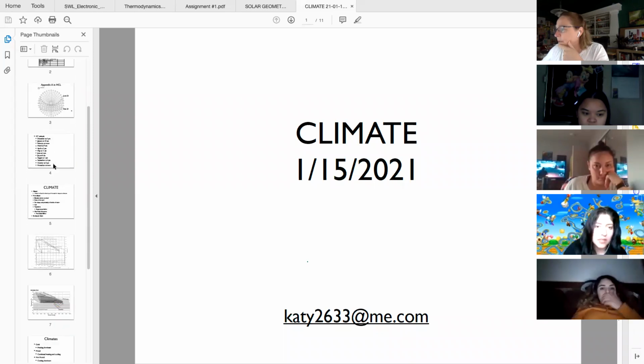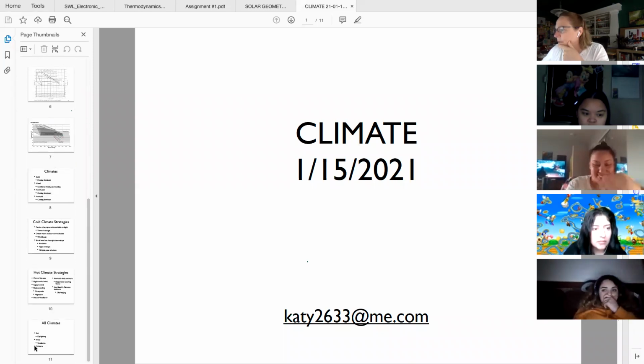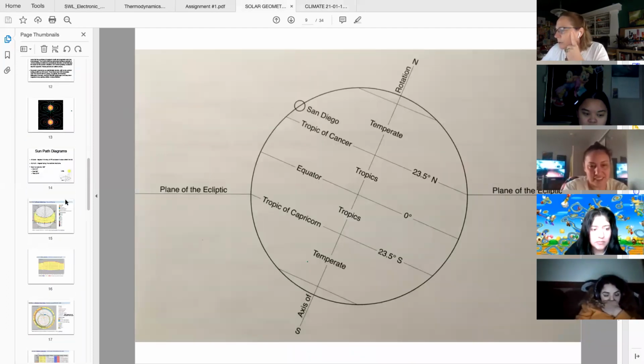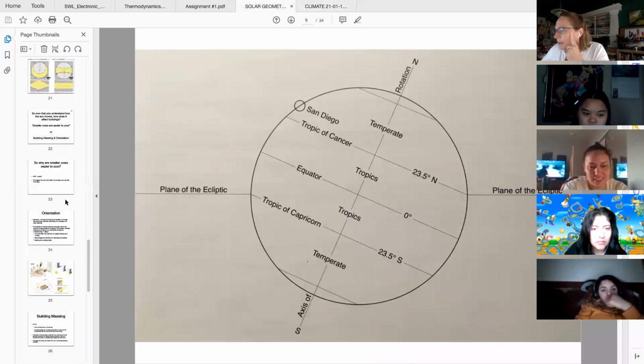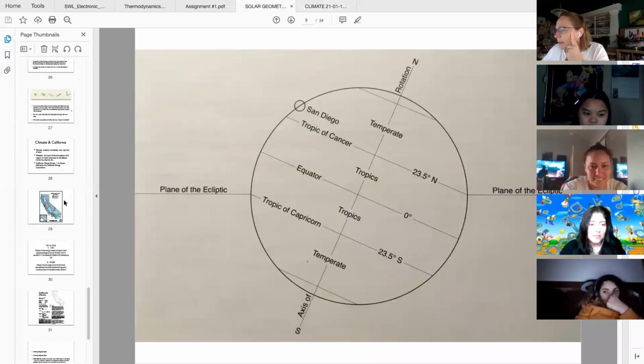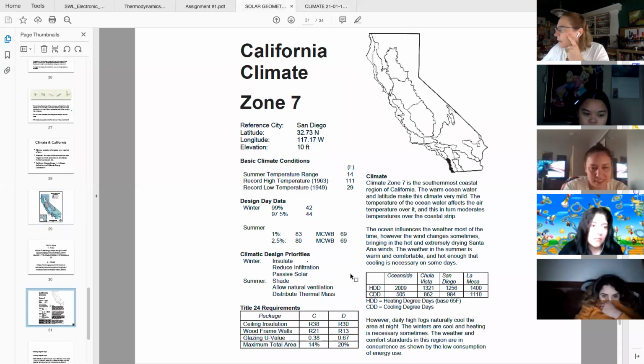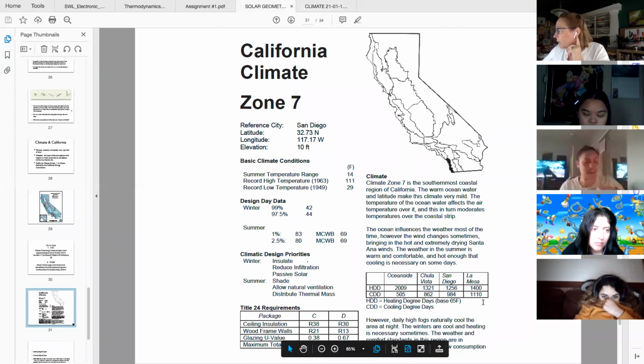There's our climate. Oh, it was actually in this one, solar geometry. We were looking at the climate zones in California, and specifically we looked at climate zone 7 for San Diego.